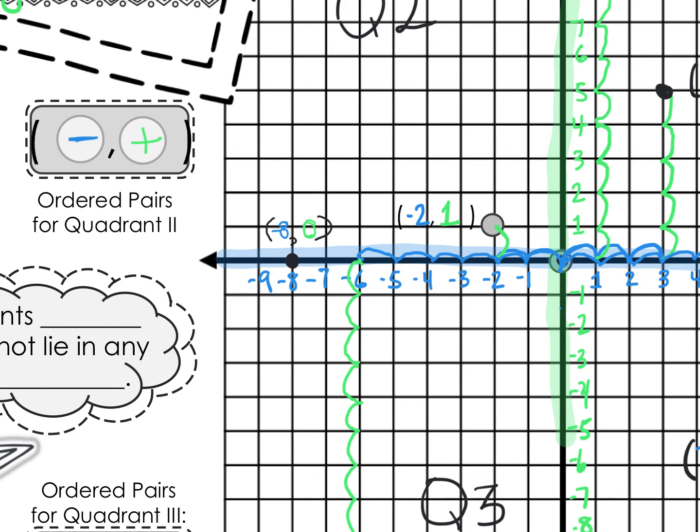Let's try it on the y-axis. Let's pretend that I had a point right here. The ordered pair, if I start at the origin, I don't have to go right or left to get there. So my first number is going to be 0, and then I have to go down three spaces, so -3. So my ordered pair would be 0, -3.